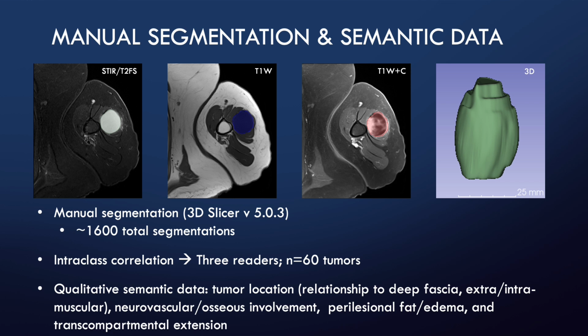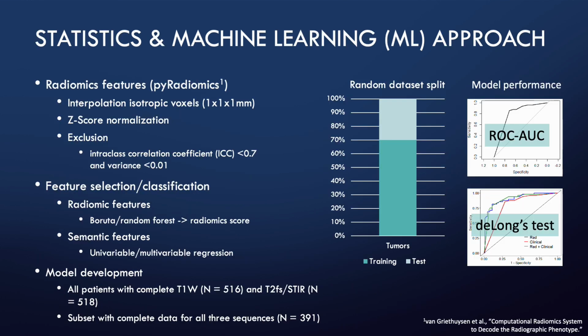For intraclass correlation, a randomly selected subgroup of 60 cases, 30 myxomas, 30 myxoid sarcomas, were independently segmented by 3 readers. At the time of tumor segmentations, readers assessed a series of semantic features for each tumor on MRI, including tumor location, neurovascular or osseous involvement, perilesional fat and edema, and transcompartmental extension.